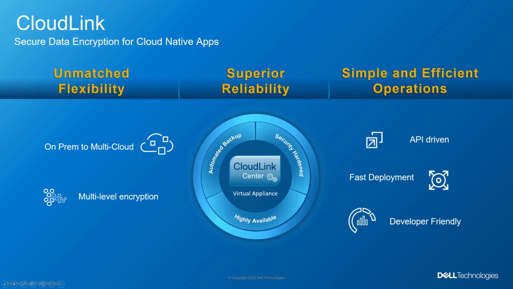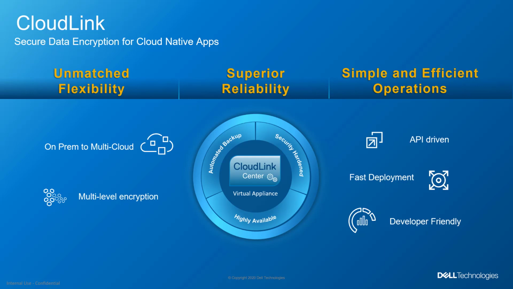CloudLink's seamless security, from edge to core to cloud, is unmatched in its flexibility, superior reliability, and highly efficient operations. Using powerful policy-based key management, CloudLink supports multiple data encryption options across a broad spectrum of operating platforms.